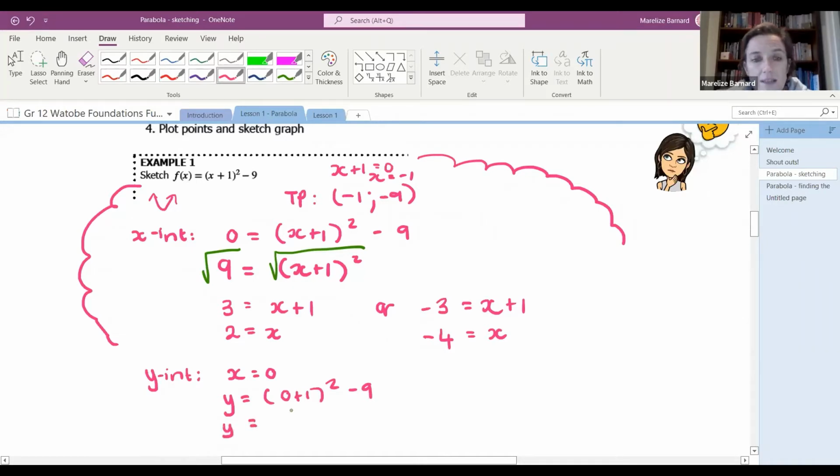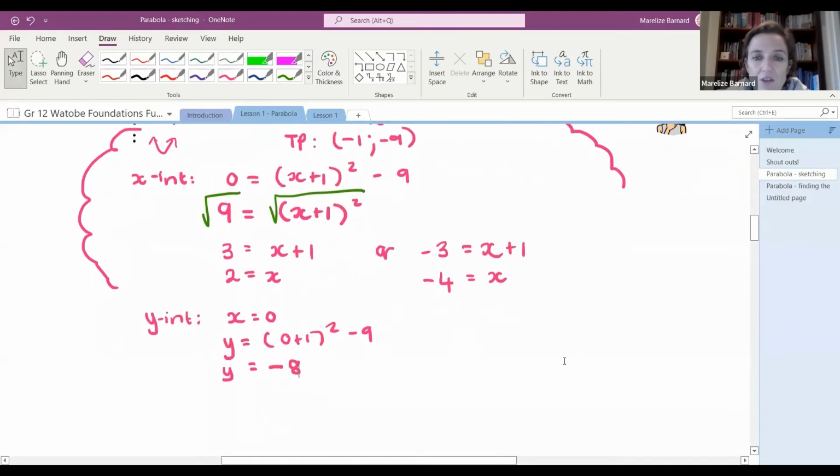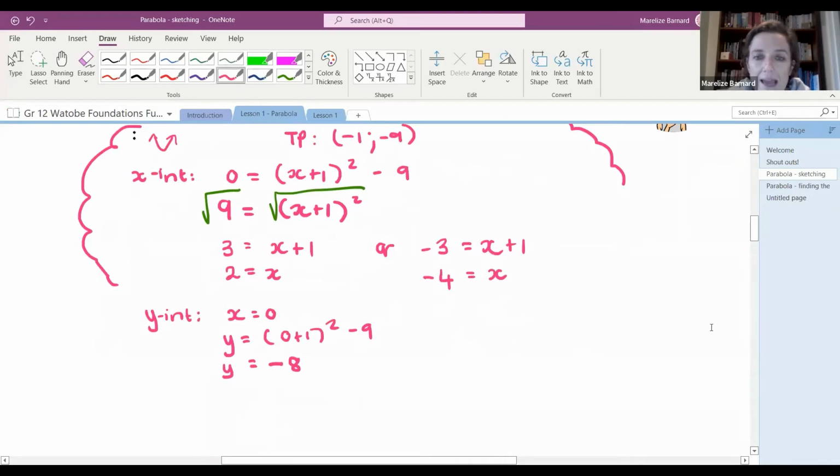So we sub in that 0 for the x to get our y-intercept. We do it like this when it's in turning point format. Okay, so that's going to be a 1 squared minus a 9, which is going to be minus 8.